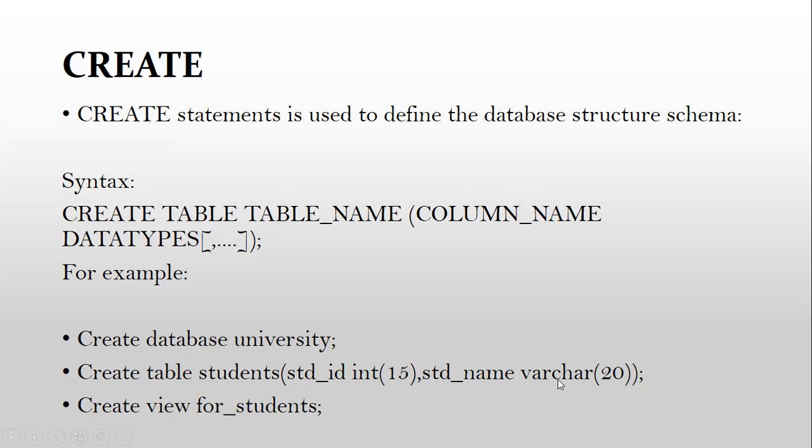Basically, varchar is used when you want to enter variable characters, and then you have to give the size for this. When you are giving integer, the size is optional. You have to end this command with a semicolon. Basically, all commands in SQL end with a semicolon. This is for creating the table.